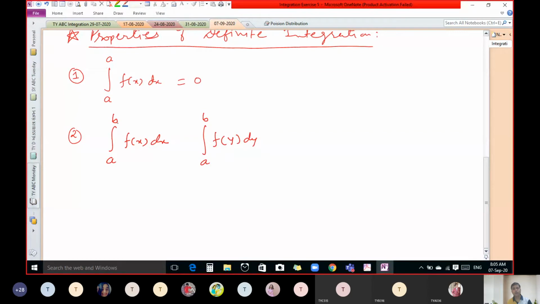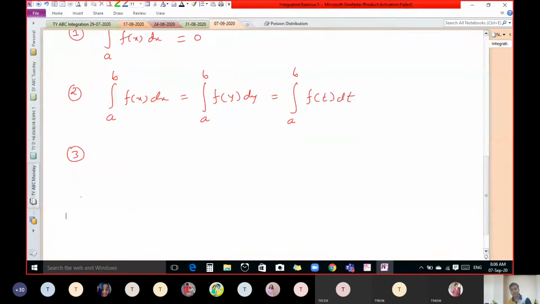Here we find the integration, and then put y equal to b and y equal to a, and then subtract. So ultimately we get the same answer. So if the variable is changed, instead of y you can write t, the answer remains the same. That is our second property.